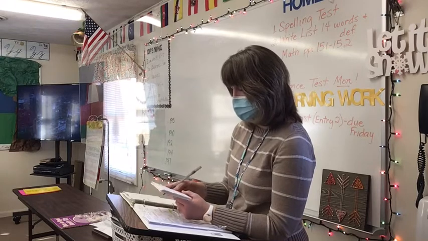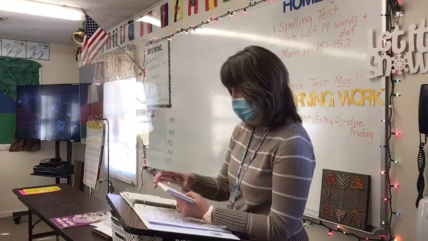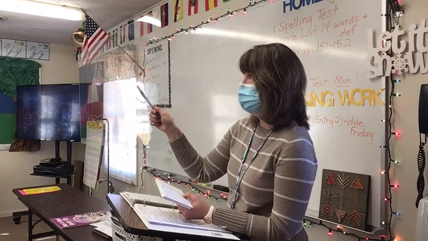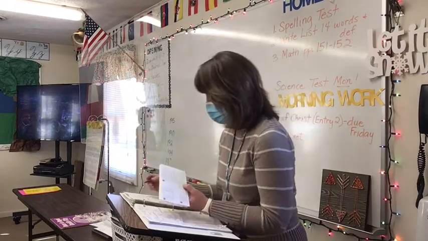Don't just guess. Try to think through it. And the last one, 3 plus 7 plus 5 divided by 5 equals 3. What'd you say? 3? Yes.